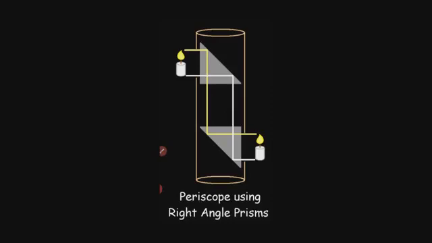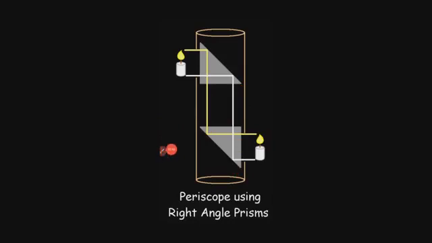How is this device made? This is a simple cylindrical device, and in this cylindrical device, you have to put two prisms. This is one prism, and this is another prism.